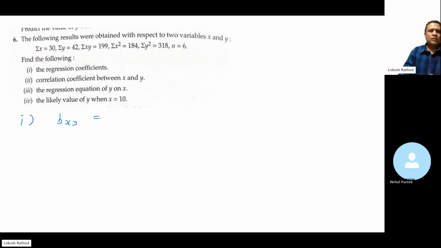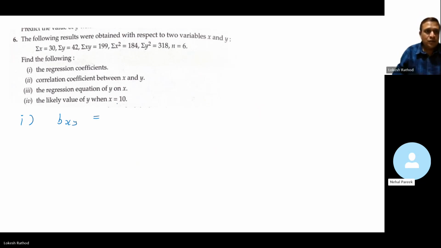So the bxy formula is, bxy, the formula is? No, wait, I forgot. Well, there's no r here, so we have to use the other one.